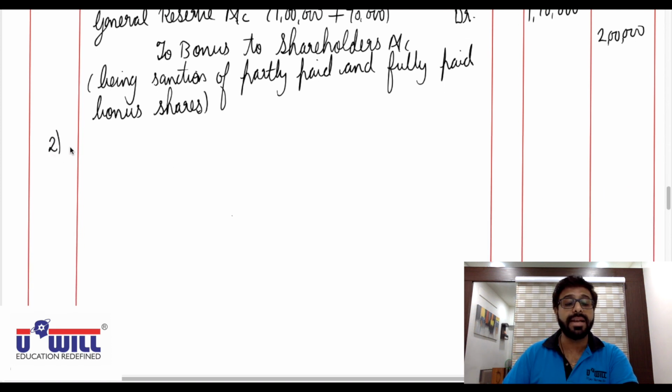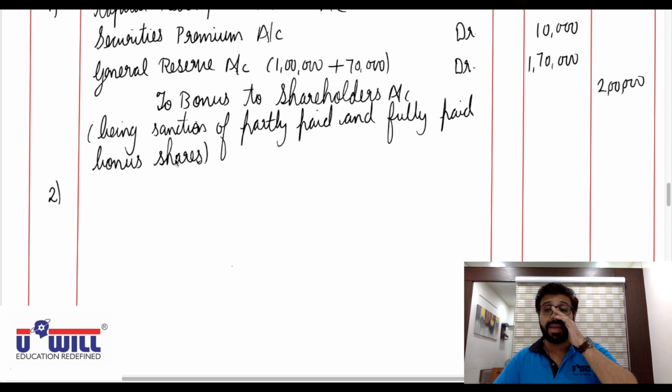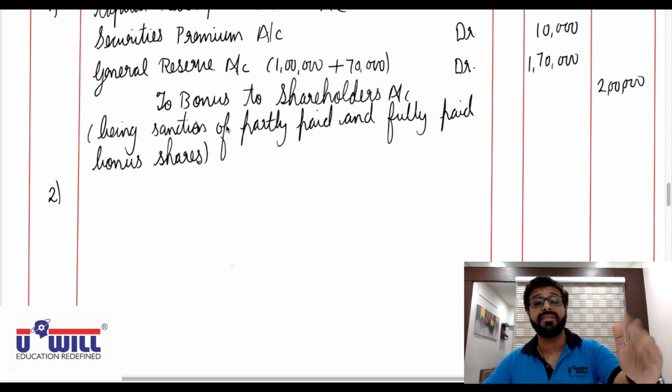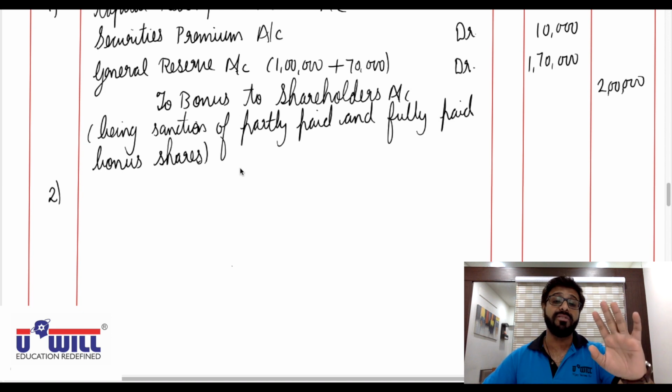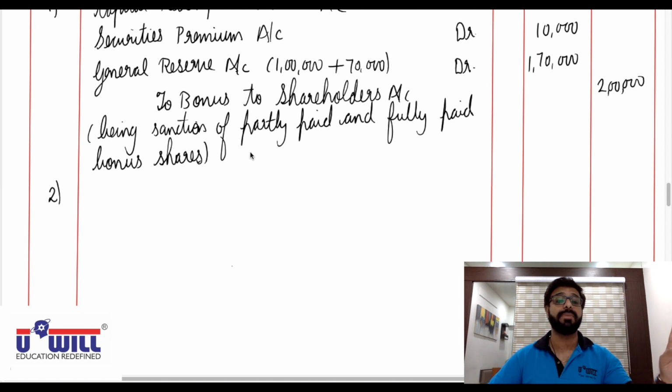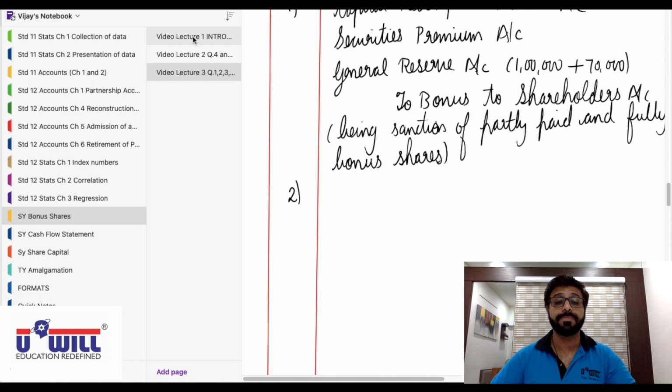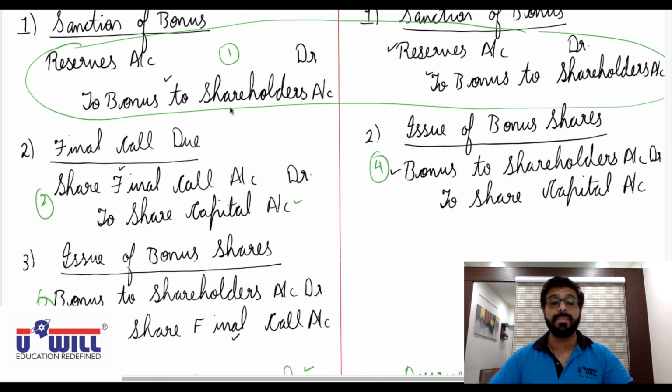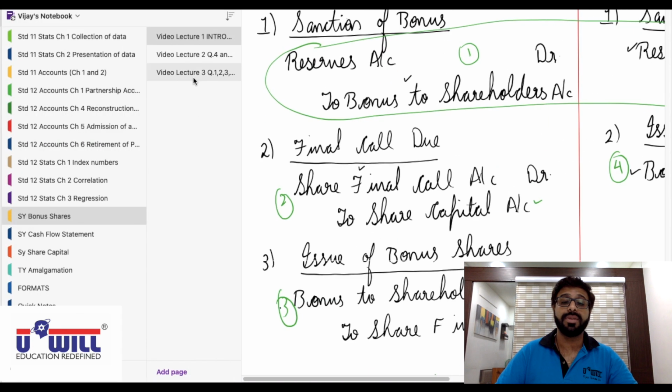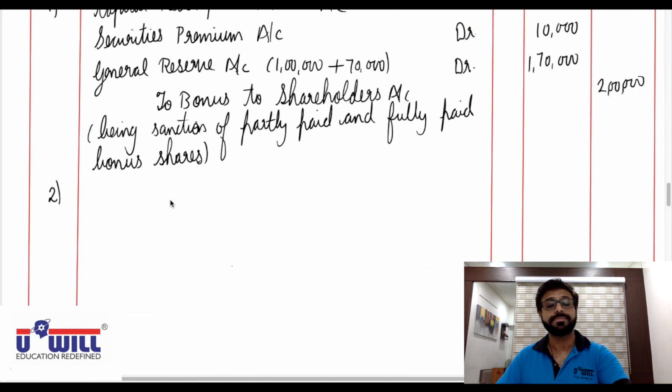Now second entry we will pass. First, now we will make partly paid shares fully paid up by giving partly paid bonus. So now we will pass those two entries of partly paid bonus first. As I discussed, first entry we can combine, then you will pass two entries of partly paid bonus, then you will pass the next entry of fully paid bonus. So in that order we will follow here.